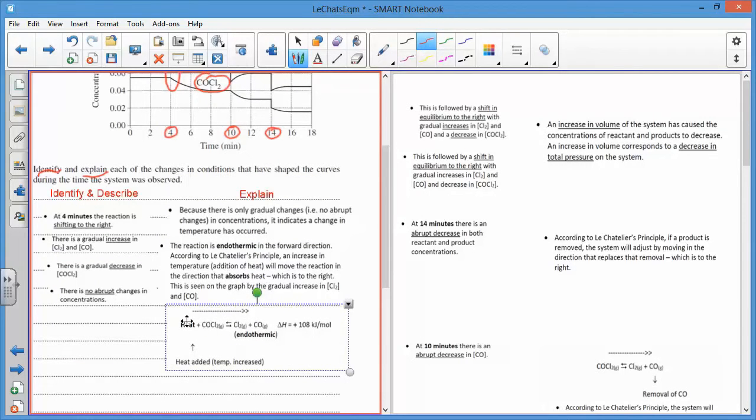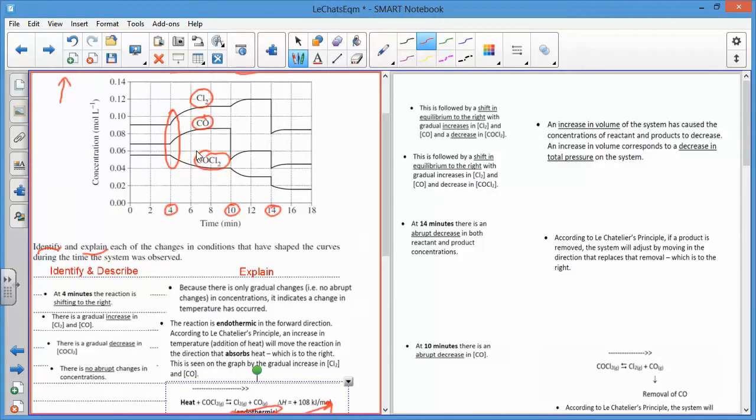Adding heat to an endothermic reaction drives the reaction to the right. Sorry, this endothermic should be over here, it's just dropped down a little bit. So adding heat drives the reaction to the right, and it's all got to be evidence in the graph.